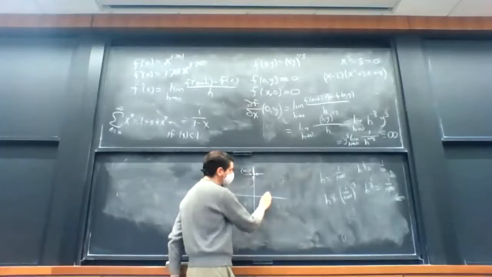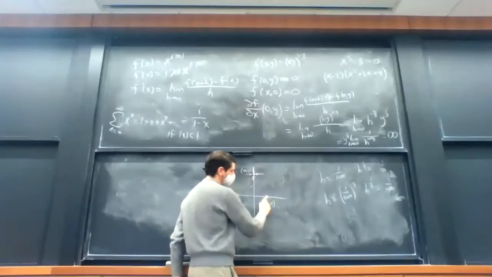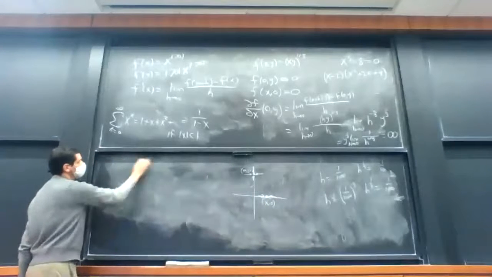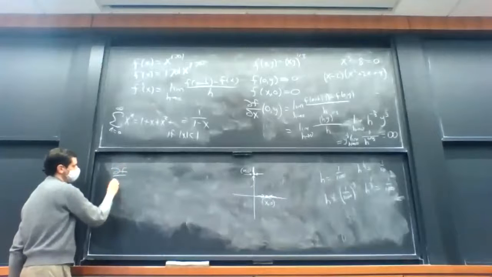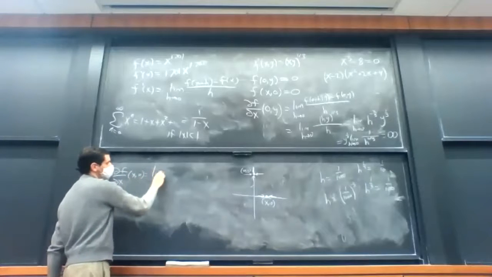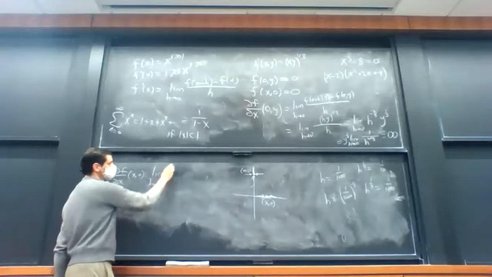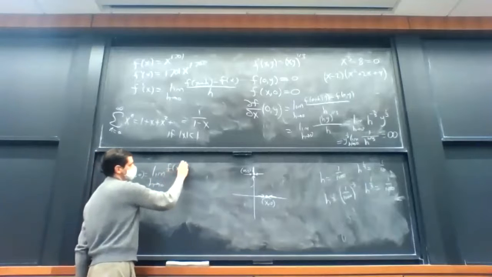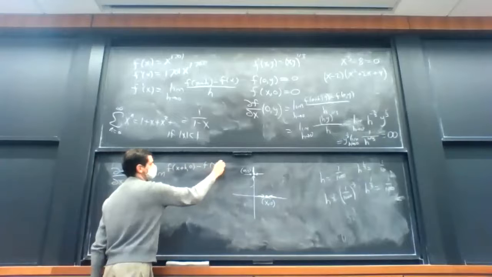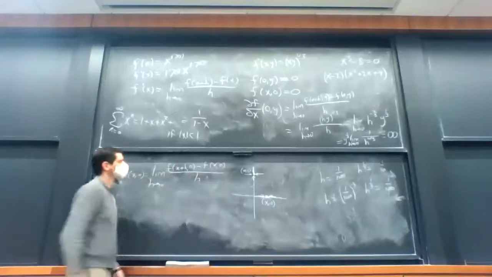If I choose the point (x, 0) and ask for the partial derivative at this point with respect to x, I would compute df/dx at the point (x, 0). This is the limit as h goes to 0 of f of (x plus h, 0) minus f of (x, 0), over h.